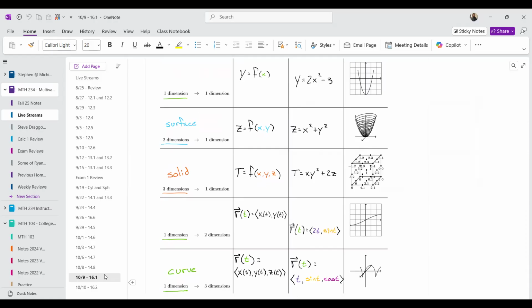Just our scalar functions that take x and turn it into a y value, or take x and y and turn it into a z value, or take x, y, and z and turn it into some value we haven't super talked about yet. That's fine. We'll get there. The number of dimensions we're coming from dictates how many parameters we have. So x for 1 dimension, xy for 2 dimensions, xyz for 3 dimensions.